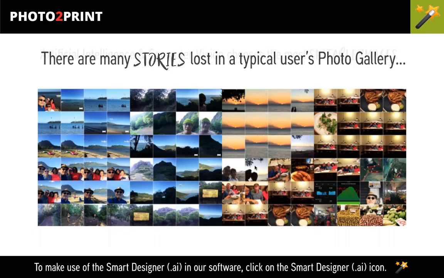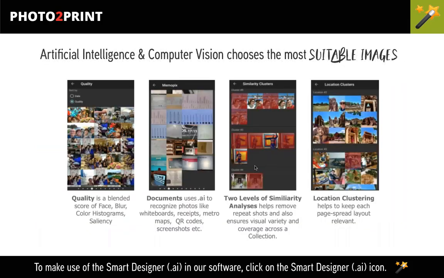The artificial intelligence will basically choose the best pictures through a number of different algorithms. First of all, it's going to rate the pictures and give them a quality rating, looking at the score of a face, the blur, color, saliency. It will also look at documents.